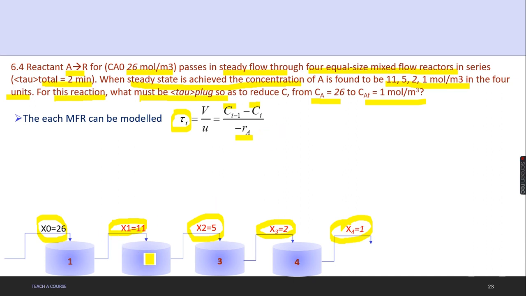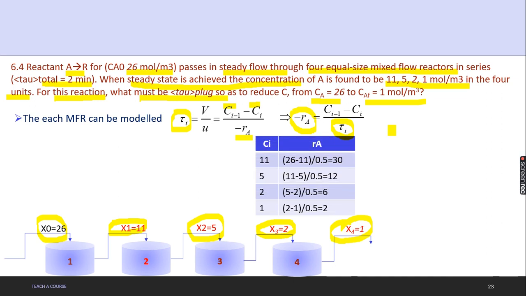I just rearrange: minus RA, the rate expression, equals the concentration difference between input and output divided by tau. Tau is known, and the input and output concentrations are known.